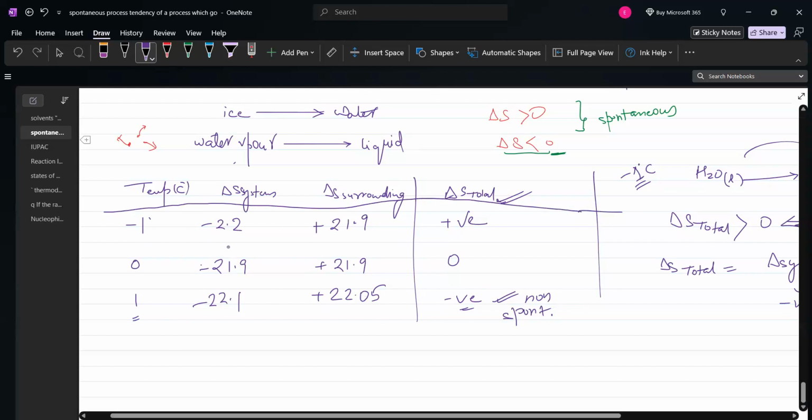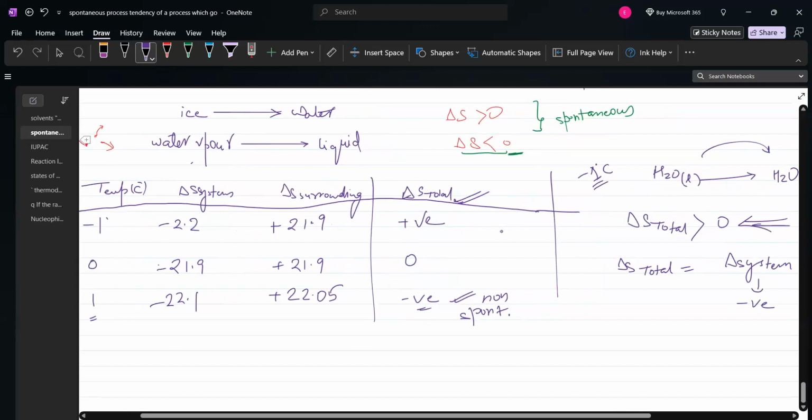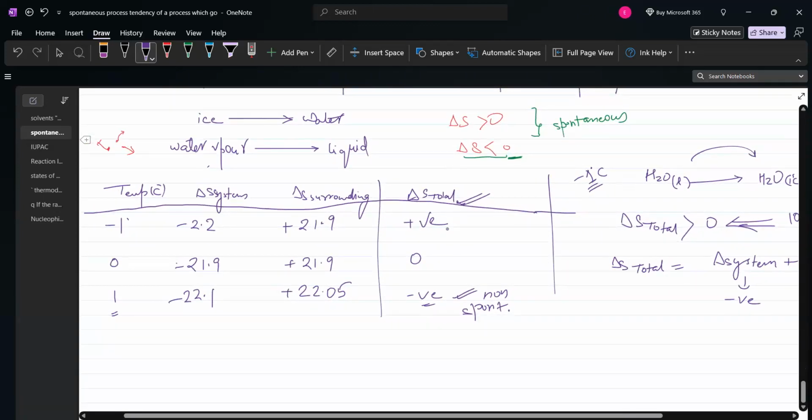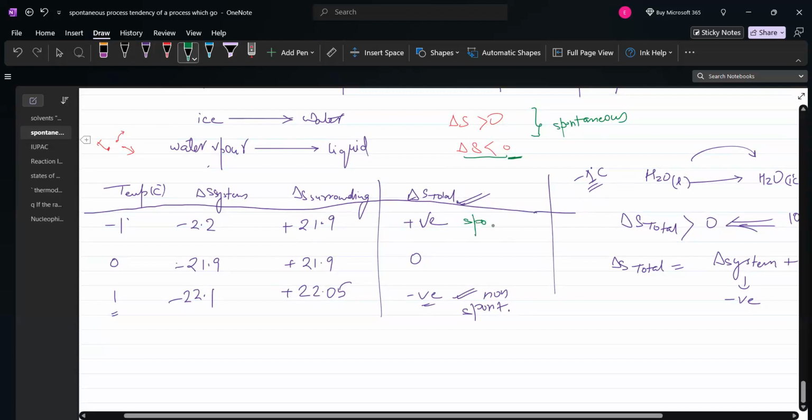So this is a case in which delta S of system is negative. However, the process is happening. Water is converting into ice because delta S of surrounding is very much positive. So delta S total will be positive, thus spontaneous. Ali, have you understood this?